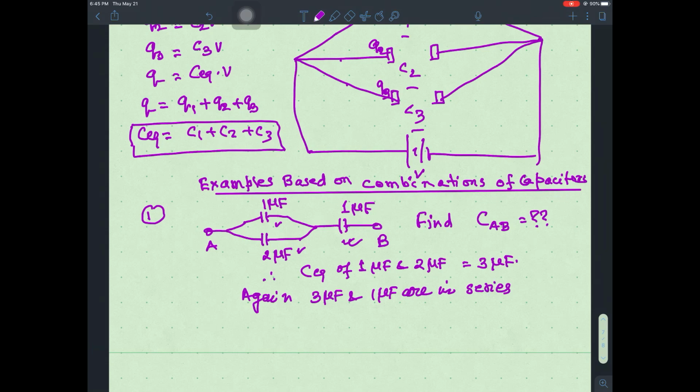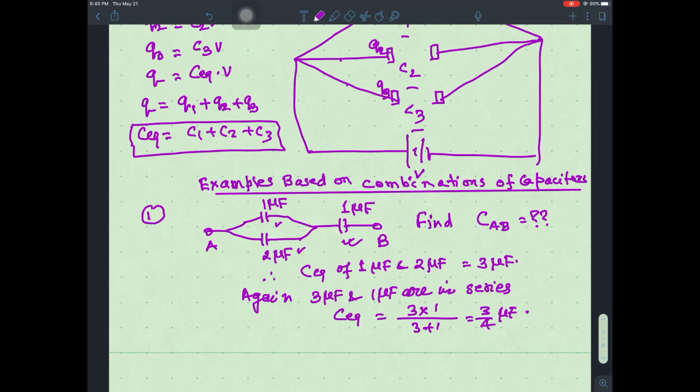So 1 by C is equals to 1 by C1 plus 1 by C2. So C equivalent is equals to 3 into 1 by 3 plus 1, that is 3 by 4 microfarad.